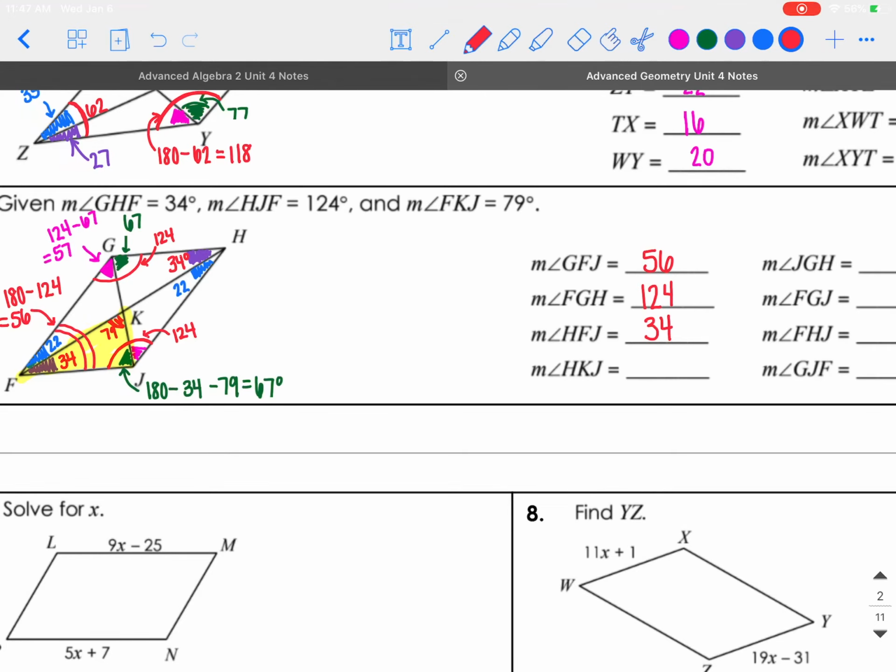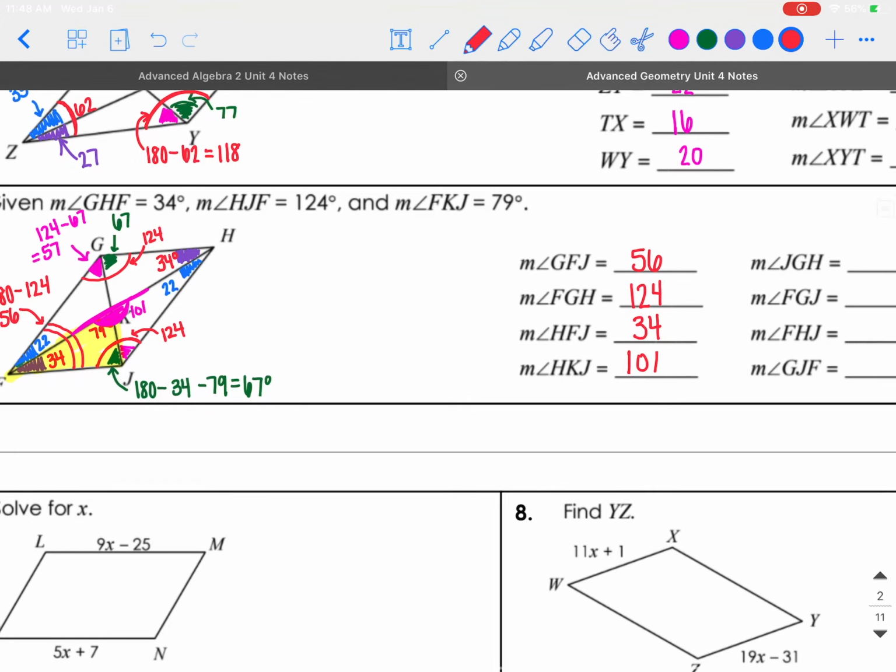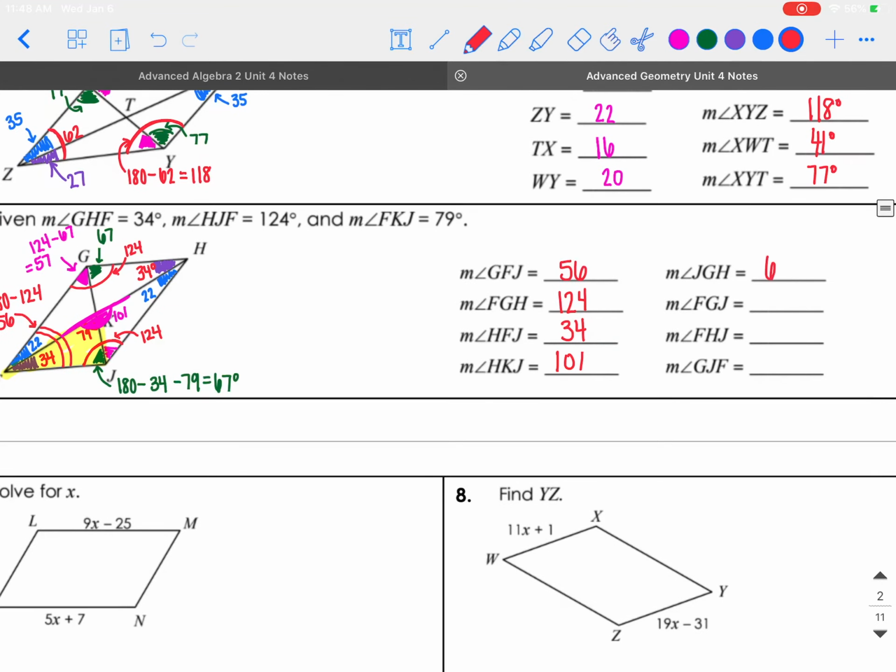HKJ. Ooh, we did not get that one, but we have a straight line. So those two angles are linear, or we could call them supplementary. 180 minus 79 is 101. So 101. Angle JGH, that one is the green, 67.